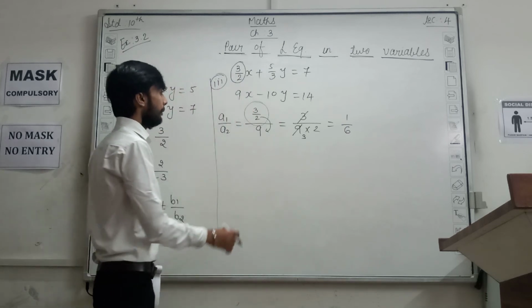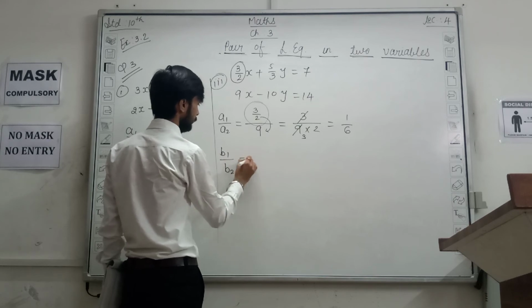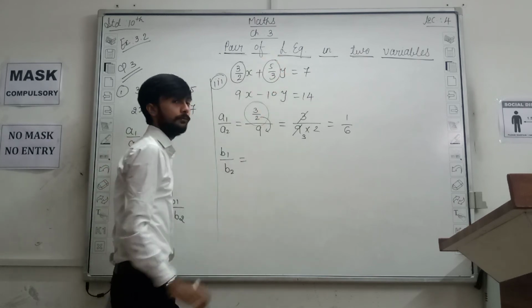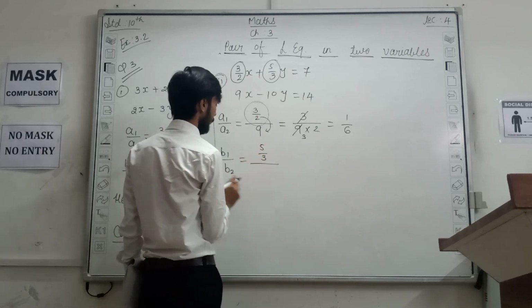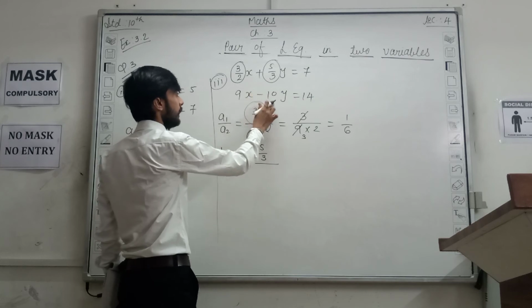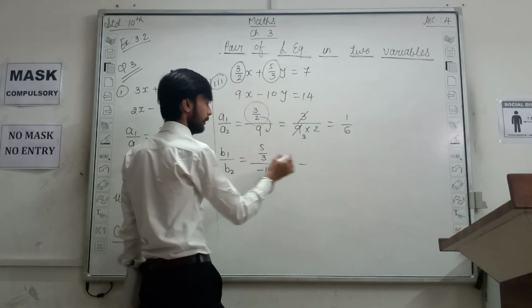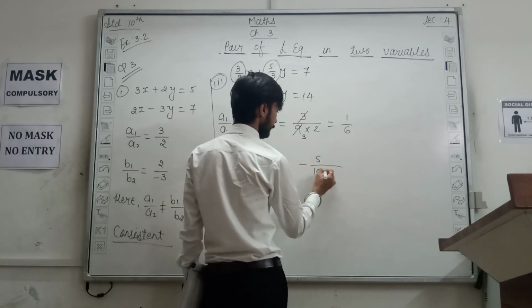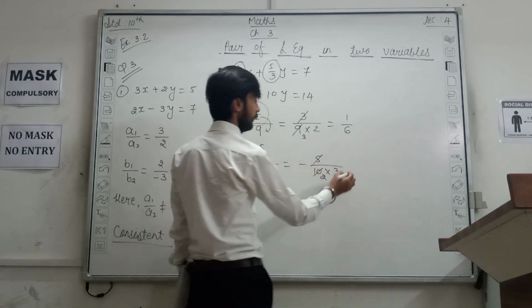Okay? b1 upon b2. b1 is 5 by 3 upon b2. b2 is minus 10. So it will be minus 5 upon 10 into 3. 5 twos are 10.